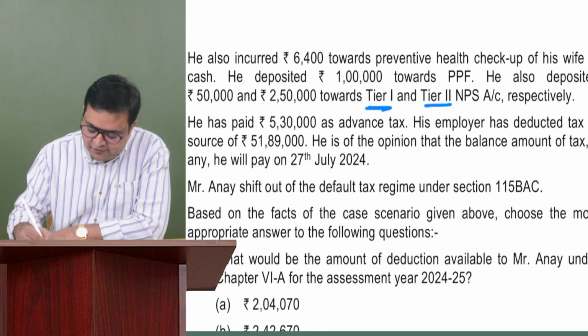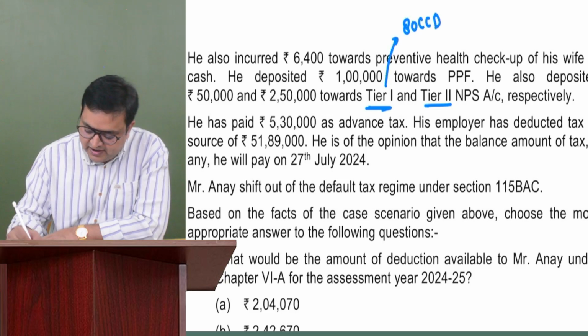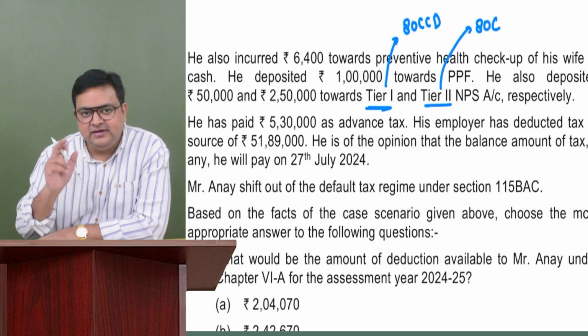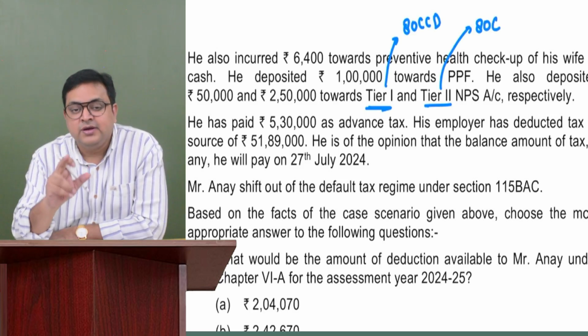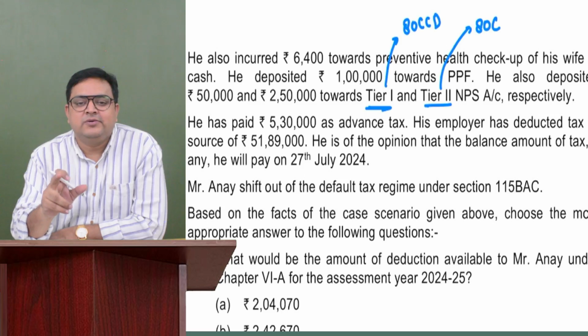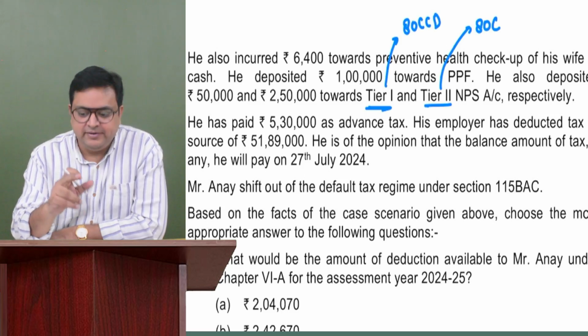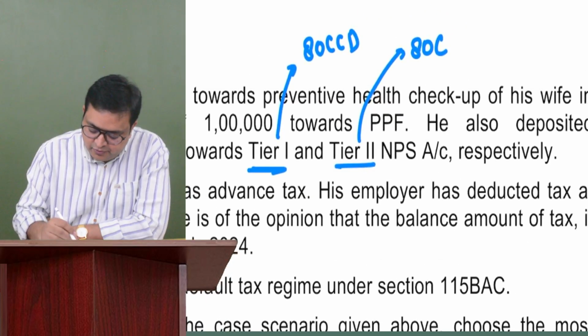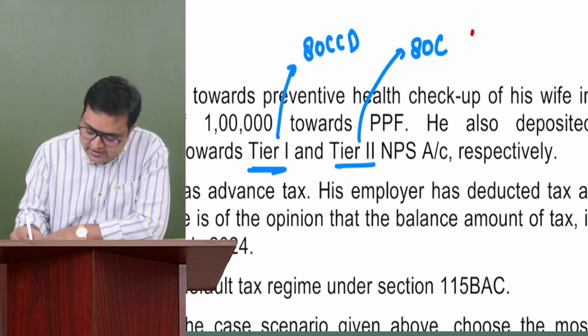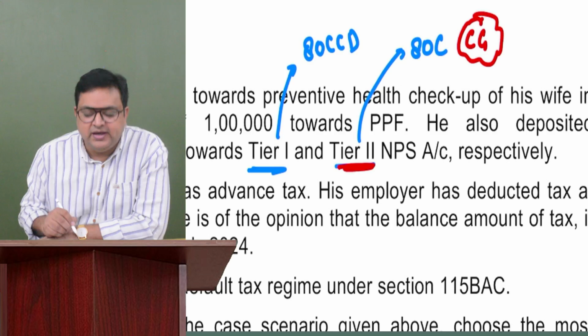For tier 1, we can get it in 80CCD, and for tier 2, we can get it in 80C only, but for tier 2, it should be a central government employee.